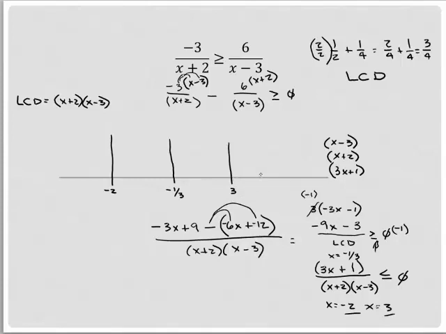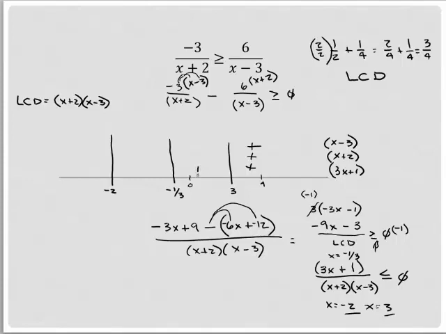Okay, anything above 3. If I pick 4, 4 times 3 is 12. That's going to be positive, and that's going to be positive, and that's going to be positive. How about in here? If I pick my favorite one, 0.